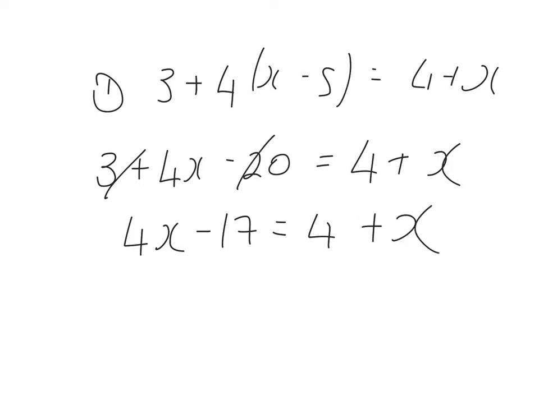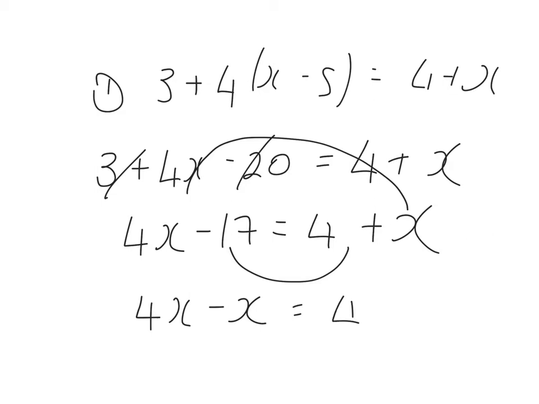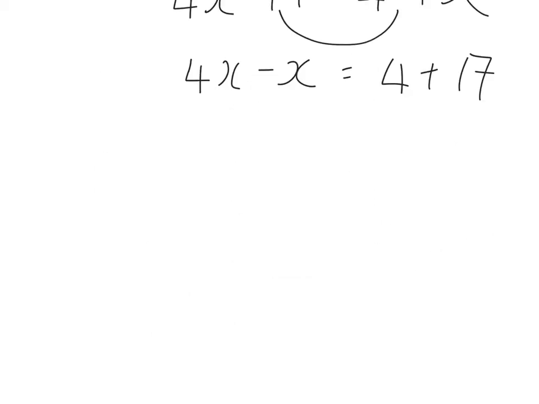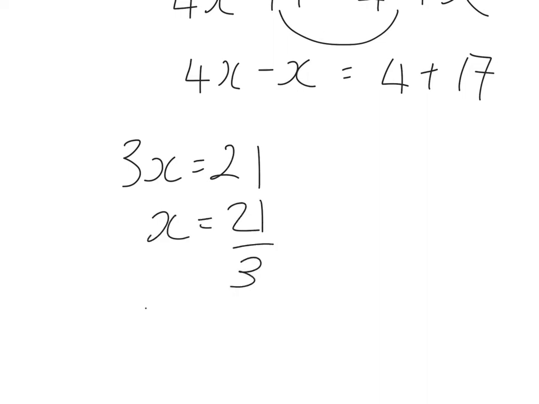I can now change side, change sign. So letters to the left, numbers to the right, change their side, change their sign. So x across to become minus x, and minus 17 across to become plus 17. So that's 4x minus x is equal to 4 plus 17. That's then 3x equals 21, and x is equal to 21 over 3, and x is equal to 7.